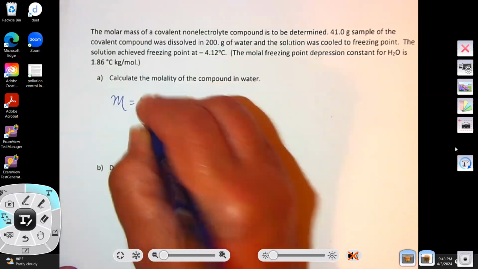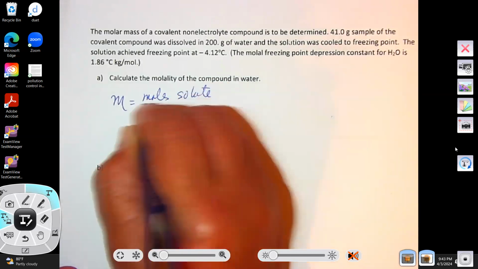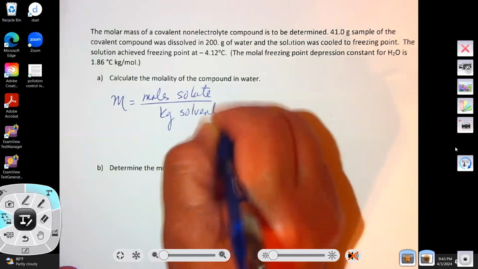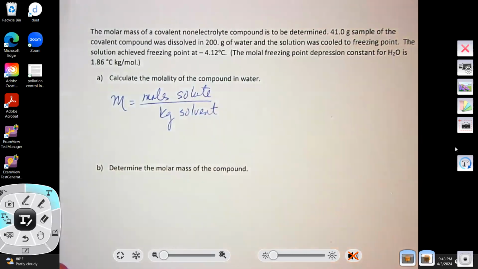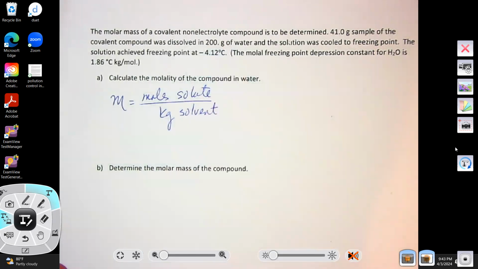So remember what molality is: the moles of the solute divided by kilograms of the solvent. But we don't have the moles of the solute, and we do have the kilograms of the solvent, because we have the grams of water.